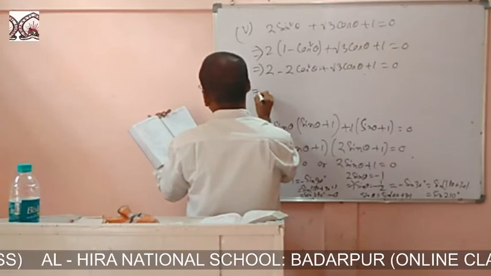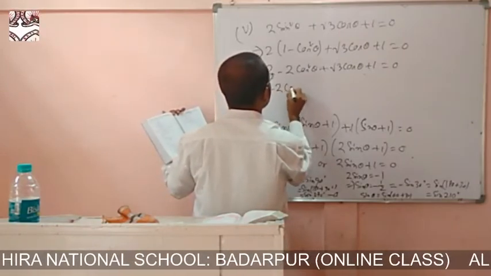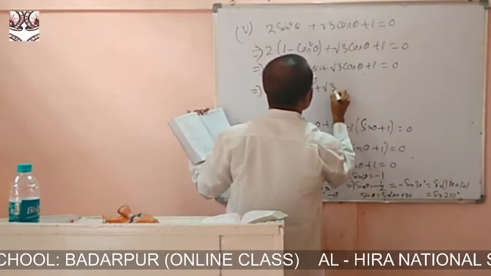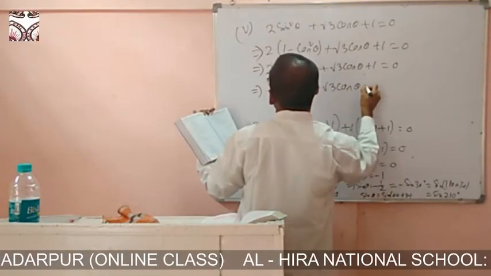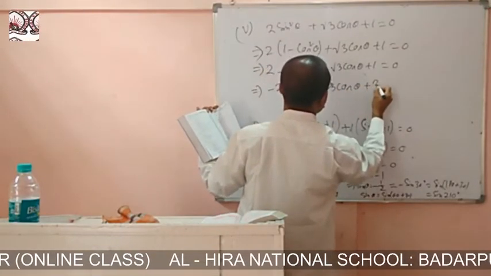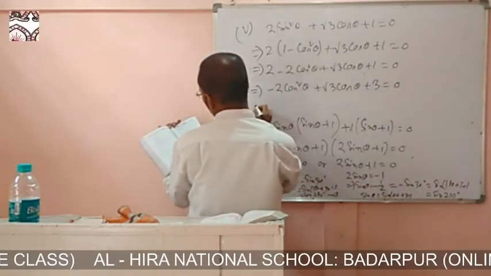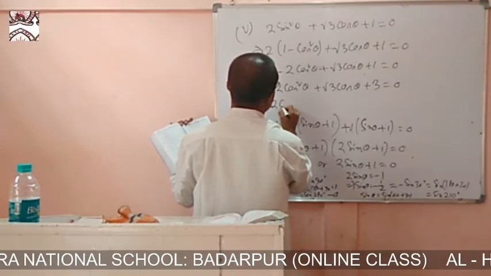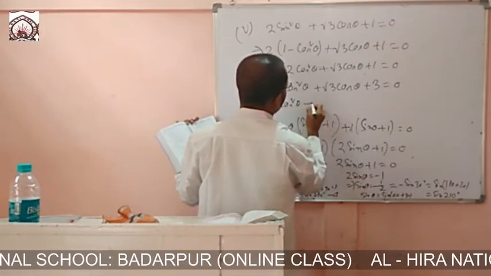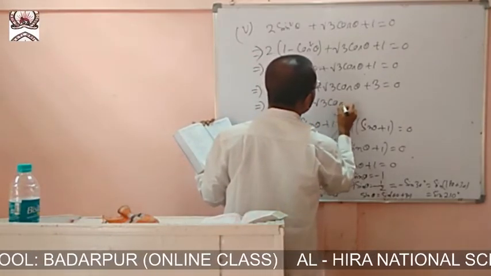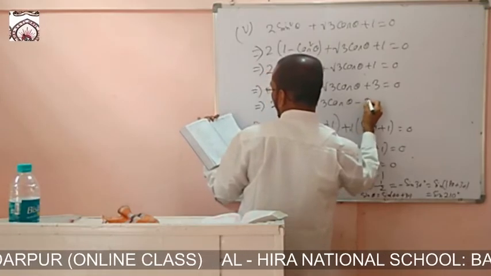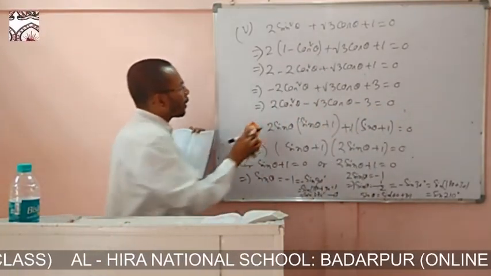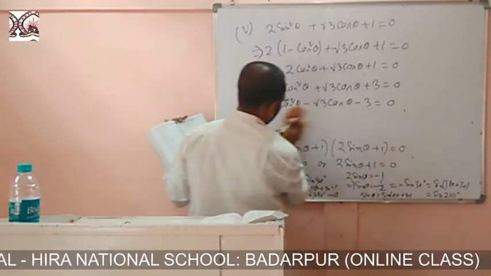So minus 2 cos square theta plus root 3 cos theta plus 1 plus 2 is 3, is equal to 0. So this implies, if we make this one positive, twice cos square theta minus root 3 cos theta minus 3 is equal to 0 by making positive.